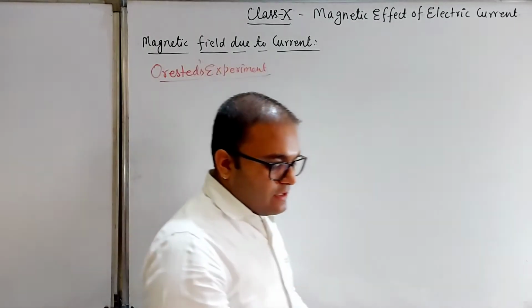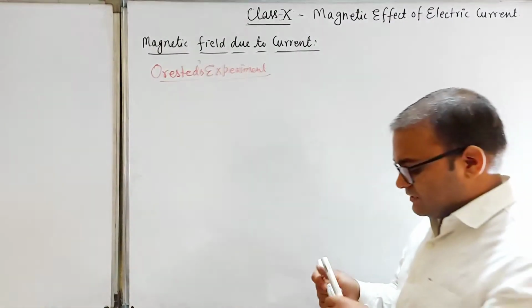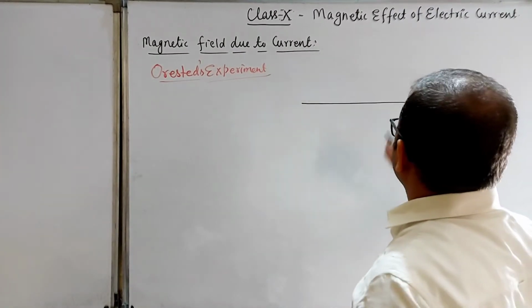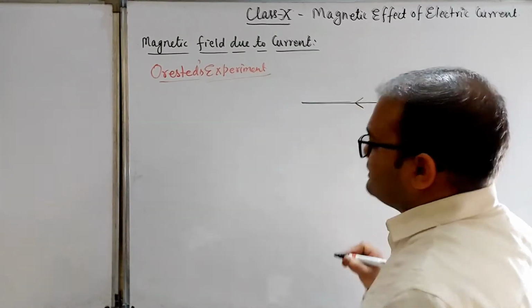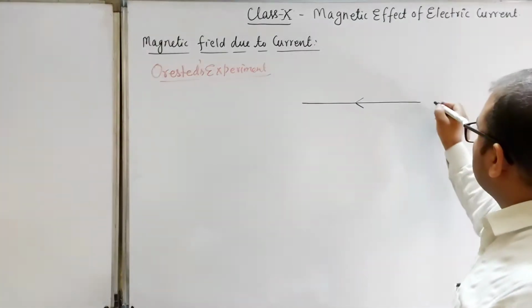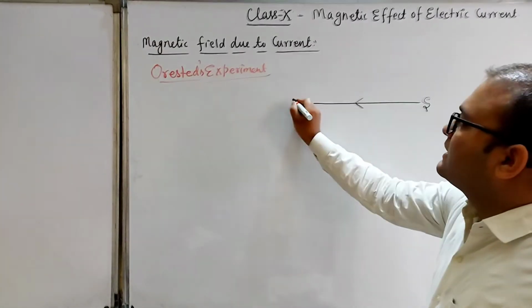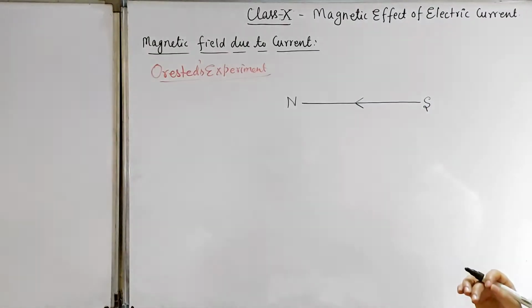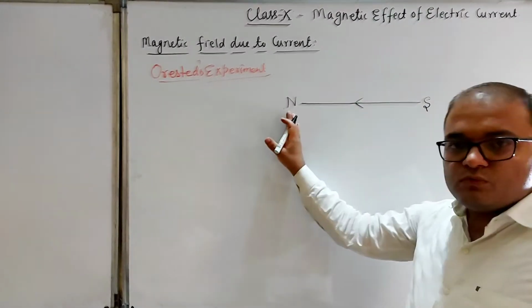Suppose I am drawing this. Suppose this is a current carrying conductor, and current is flowing from south to north in this conductor.